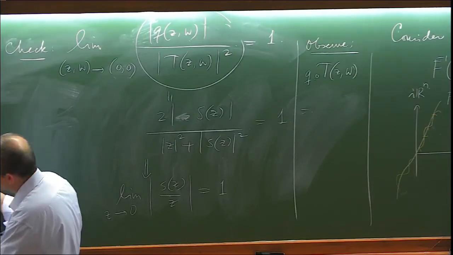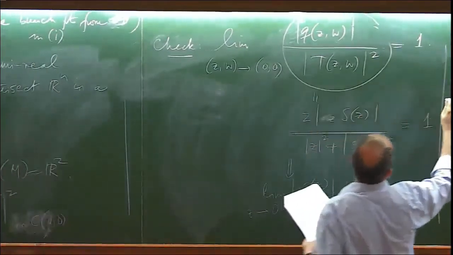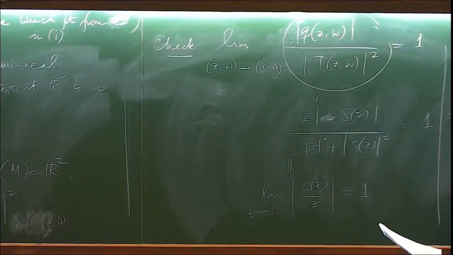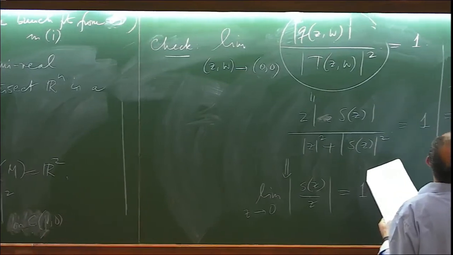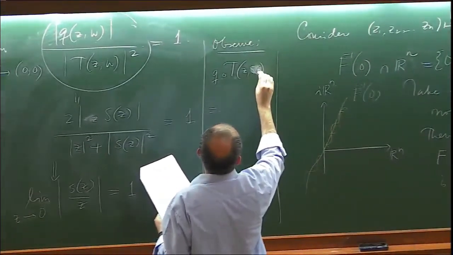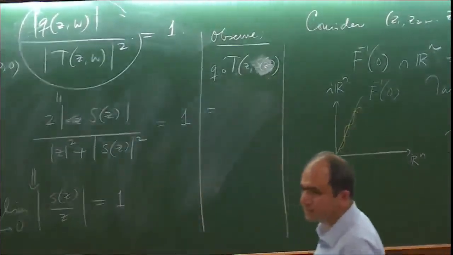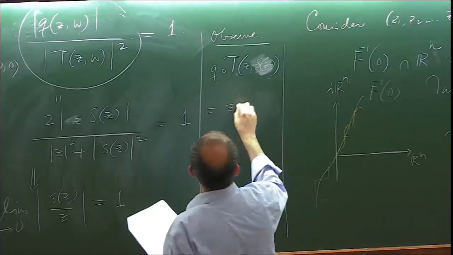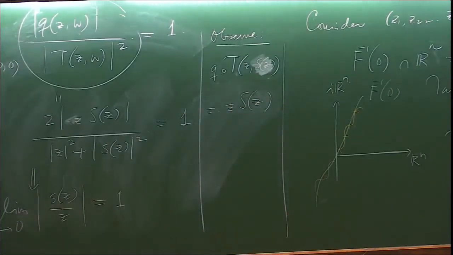So I'm pulling the sum of squares back by capital T. That's exactly what I'm trying to do here. Little q composed with T turns out to be exactly S of Z. So I'm restricting this to the variety. This turns out to be Z times S of Z, which is what Sakai considered.